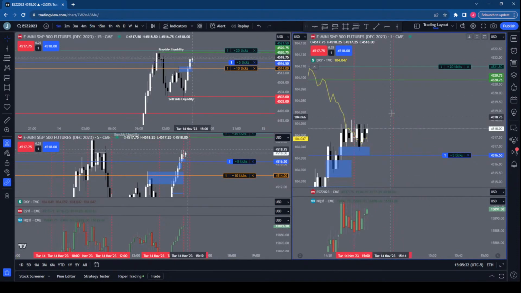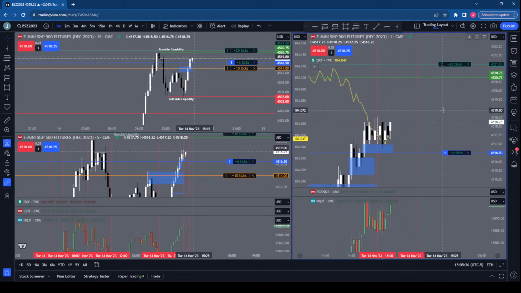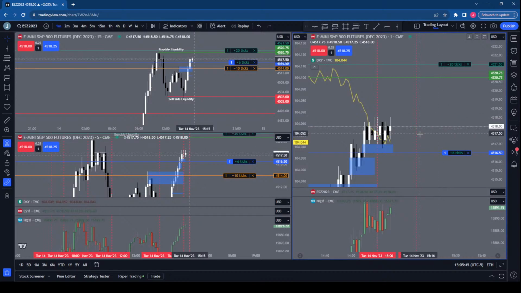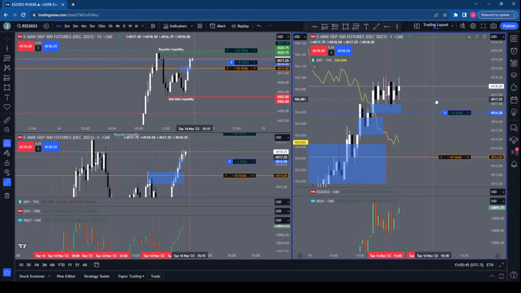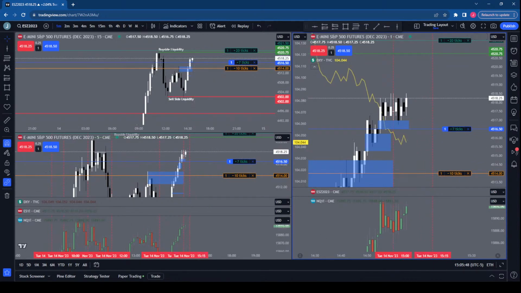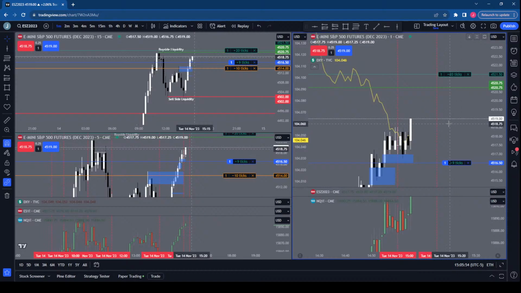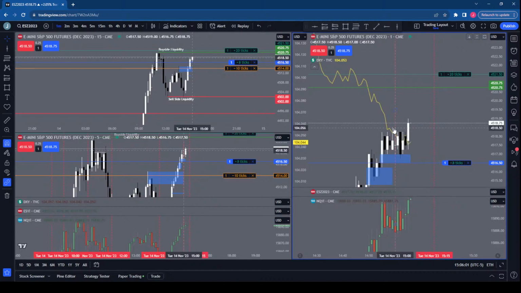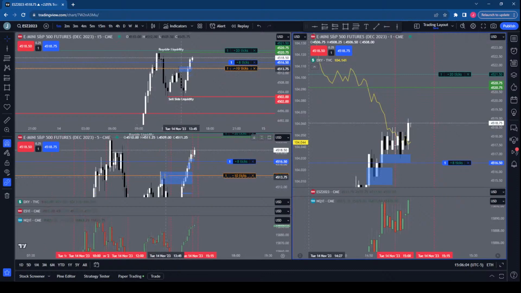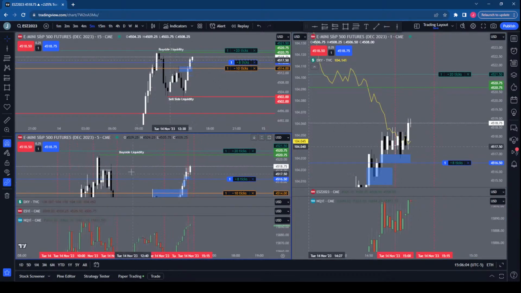I'm wondering if it's going to wait until this 3:15 time. Okay, I like how it closed above these highs. I want to see it continue.